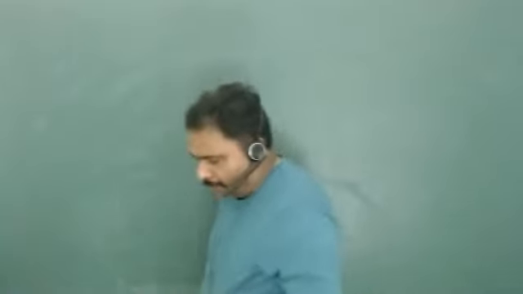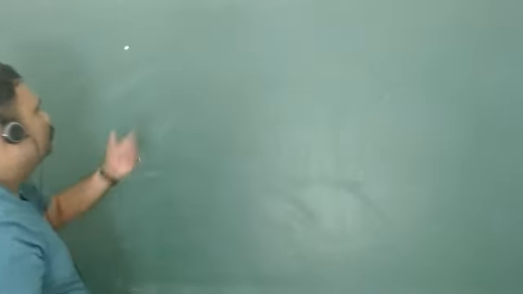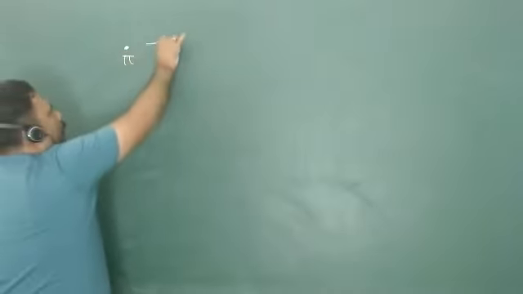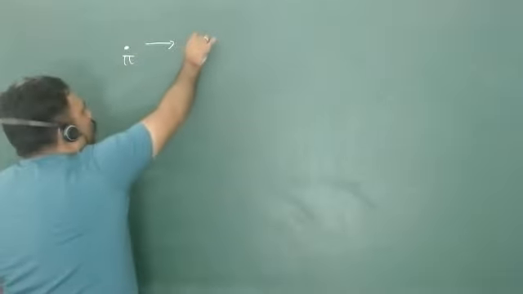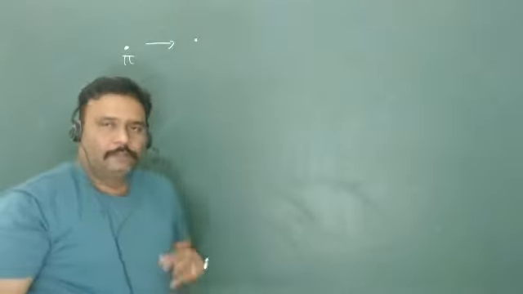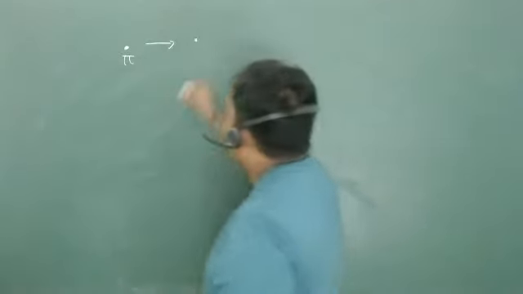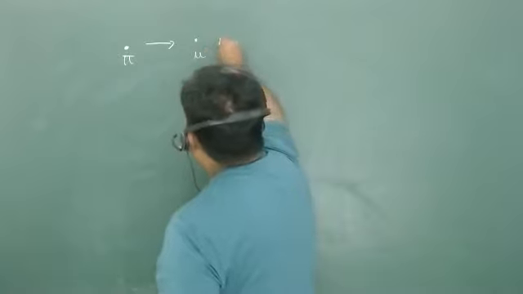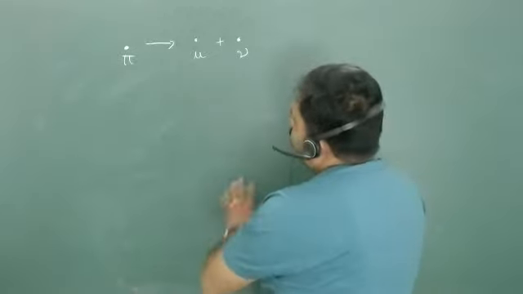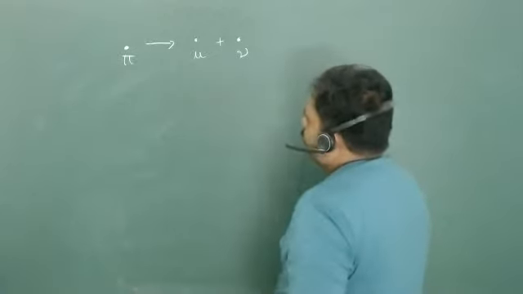So we have one very nice problem, that there is a pion, and this type of problem will also come up in your nuclear physics. Because it is a reaction problem, there is a pion at rest that is going to decay into two particles: one is a muon and another is a neutrino.